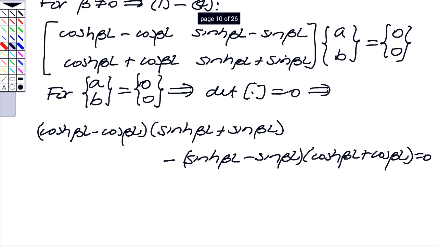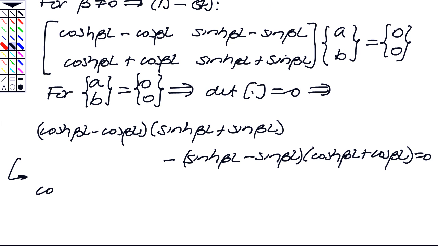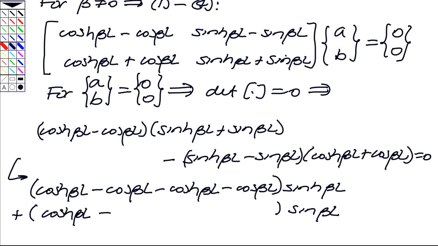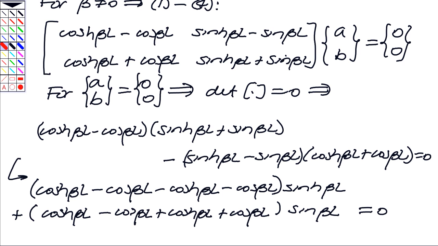Let me expand out that. What I'm going to do is write this as cosh beta L minus cosine beta L. That's from the first part, minus cosh beta L minus cosine beta L. That all gets multiplied by sinh. And then that which multiplies the sine beta L, that is a cosh beta L minus cosine beta L plus cosh beta L plus cosine beta L. So that is just an expansion of that 2 by 2, but written in this form, we can see that this cosh and that cosh will cancel each other out.